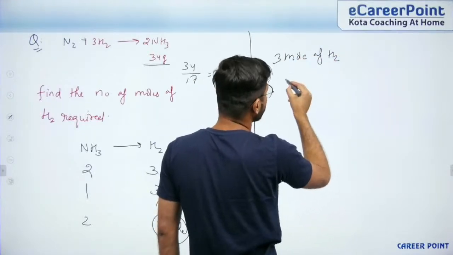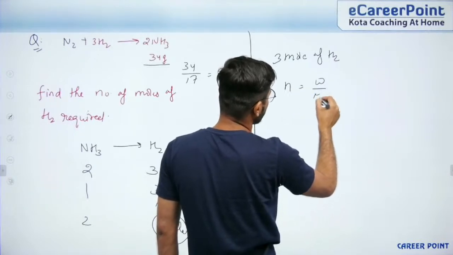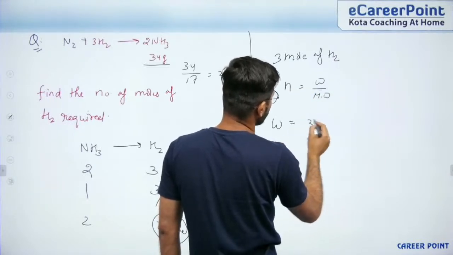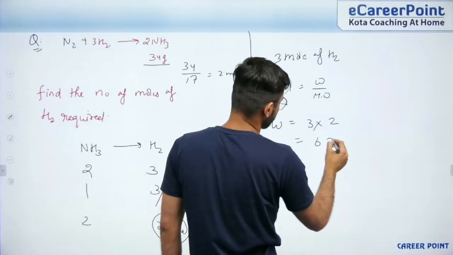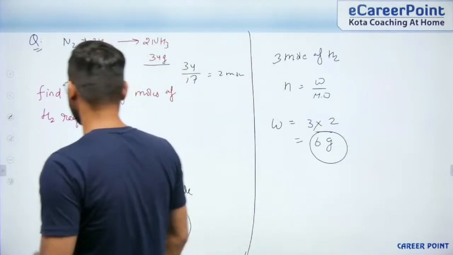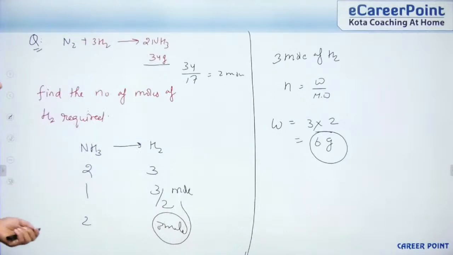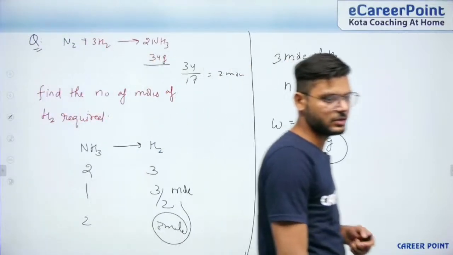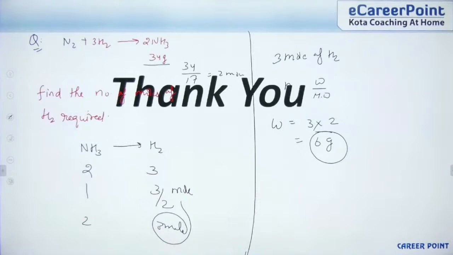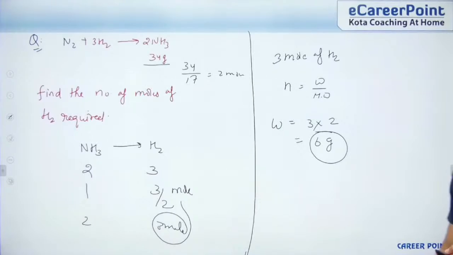If it is asking for the weight, then number of moles equal to weight upon molecular weight. So weight is 3 into 2, which is equal to 6 gram. So we require 6 gram of hydrogen. Okay, so this is something you need to do, and this is, I would say, the last question for today.